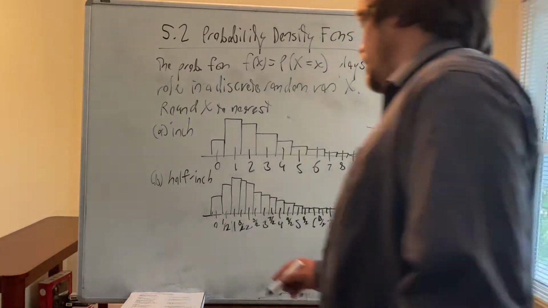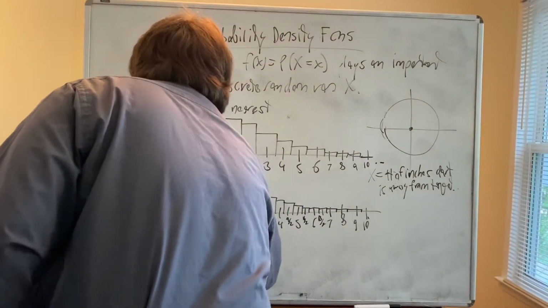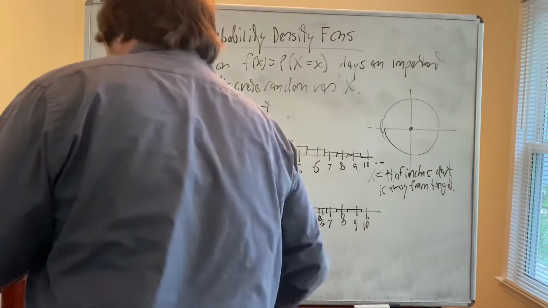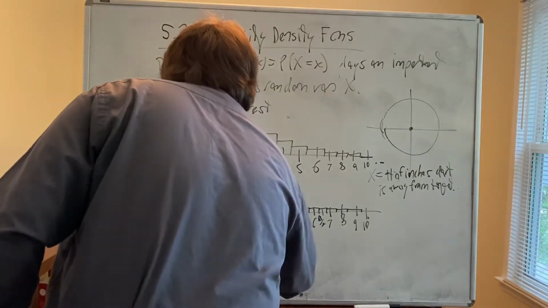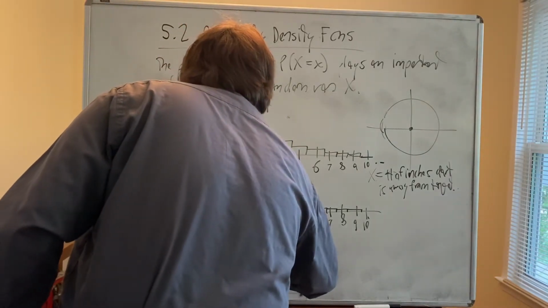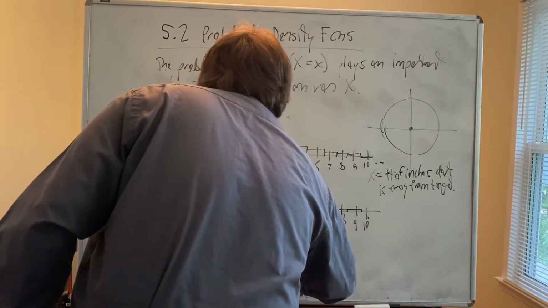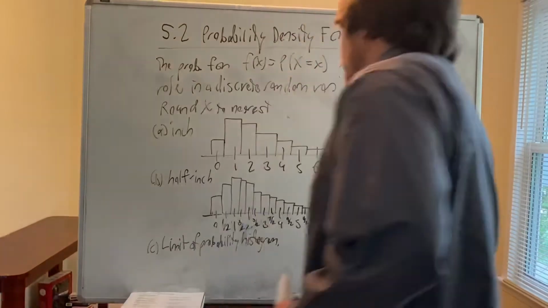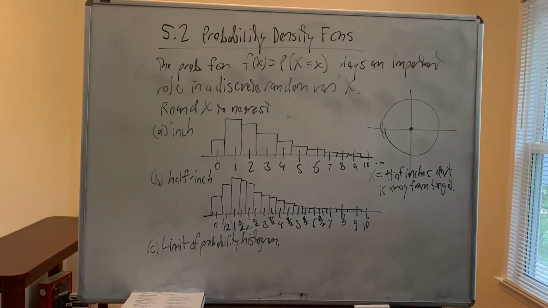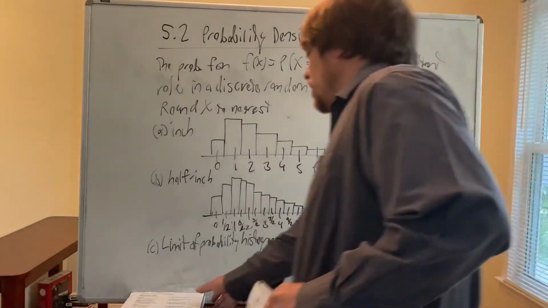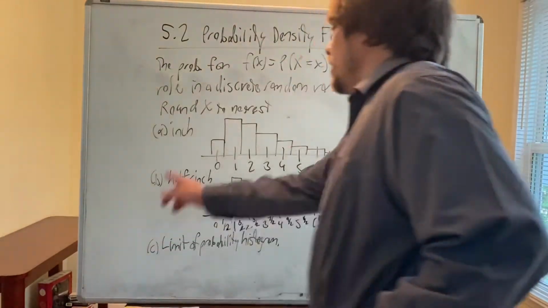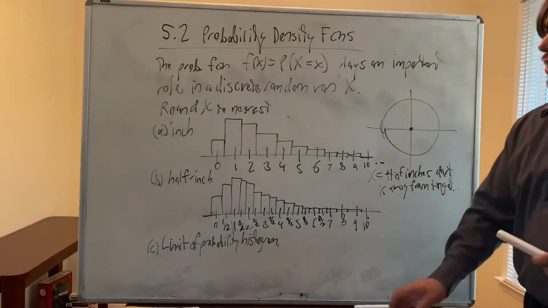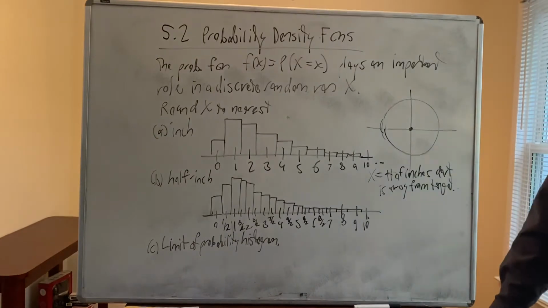And then for part C, let's take the limit of the probability histogram. If we rounded to the nearest 1 over n inches, where n is 1, 2, 3, 4, and so forth, let's take the limit as n approaches infinity.